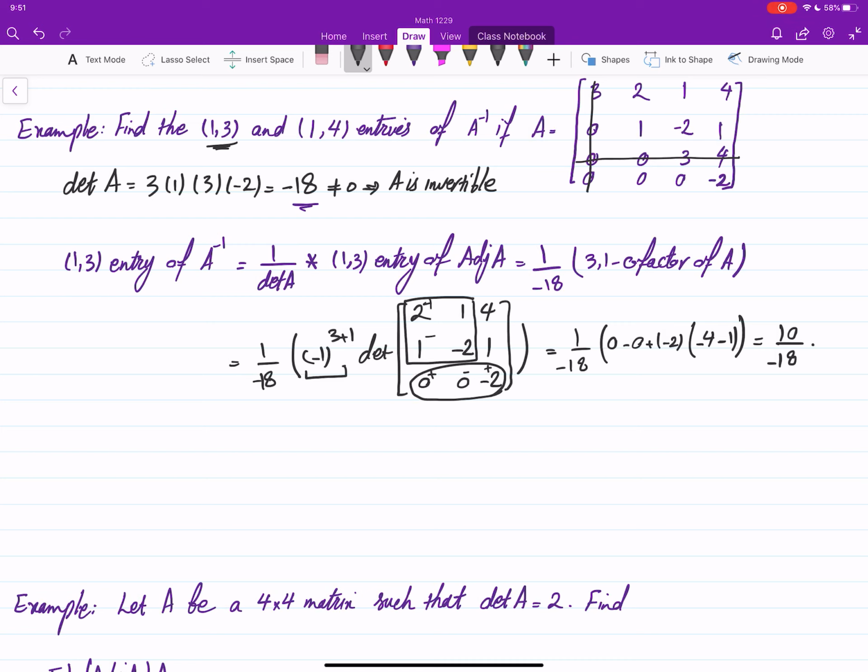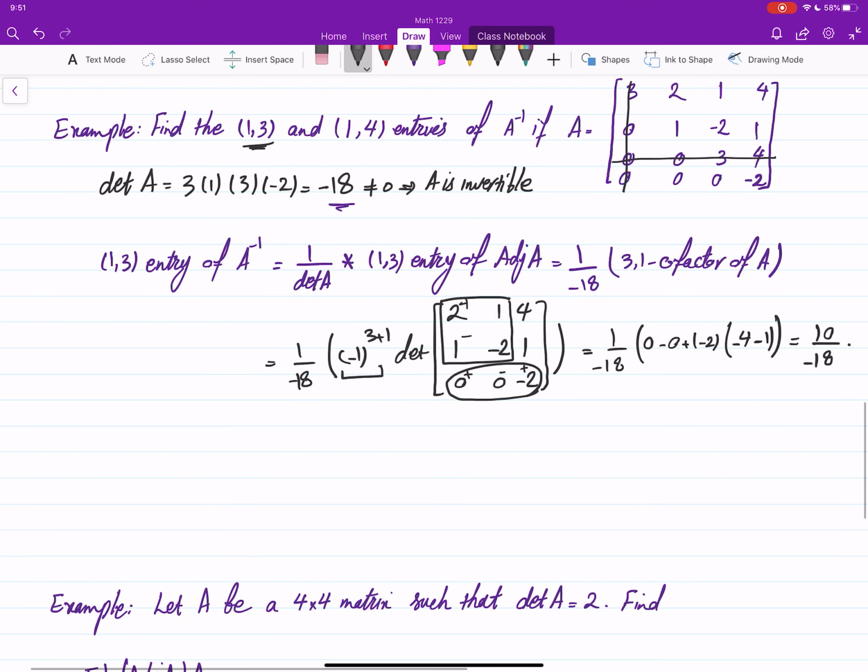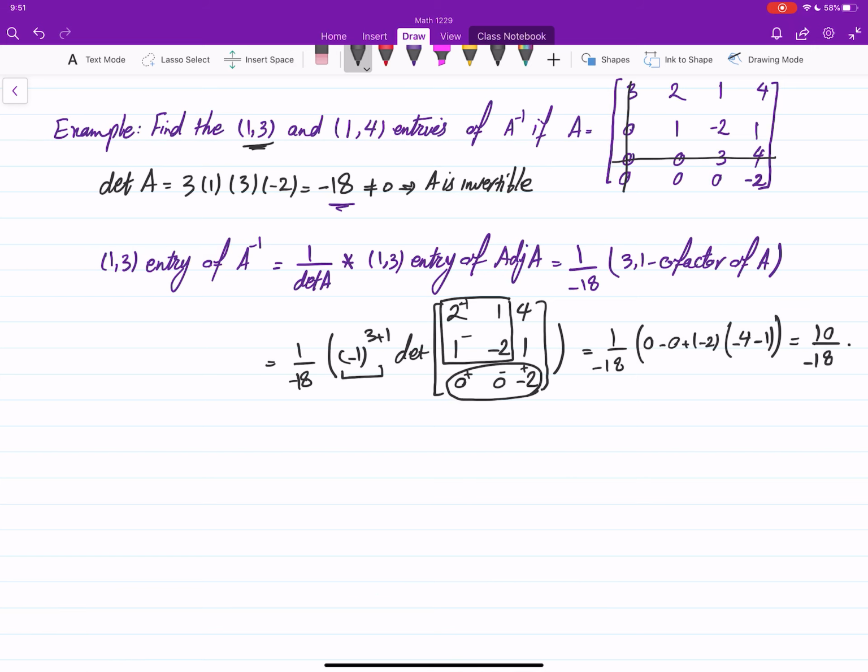As you see, it's just based on the fact that the inverse is a multiple of the adjoint matrix. We found that. Let us do one more of this. We are looking for the 1,4 entry of A inverse. Let me write it a little differently.